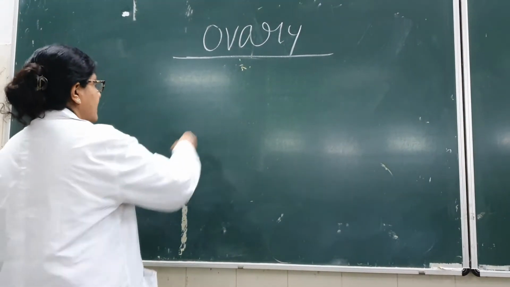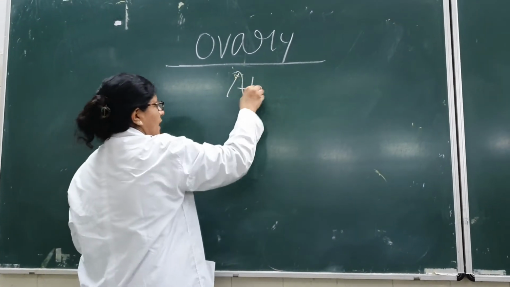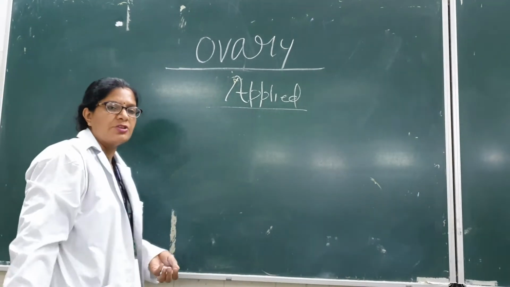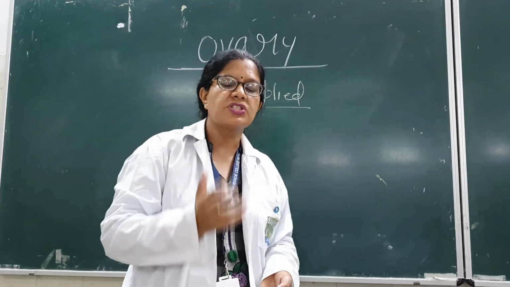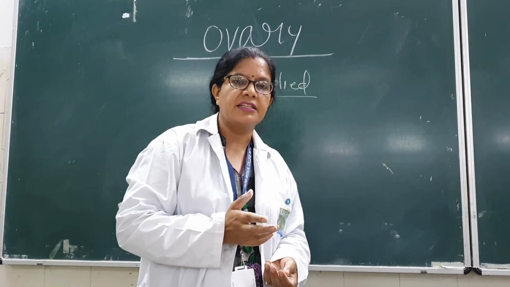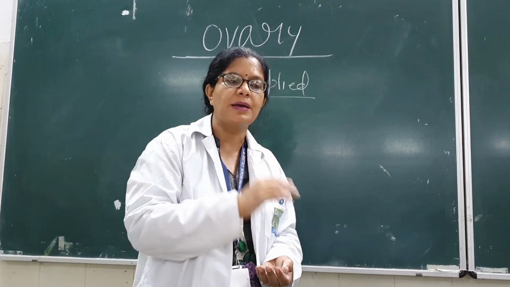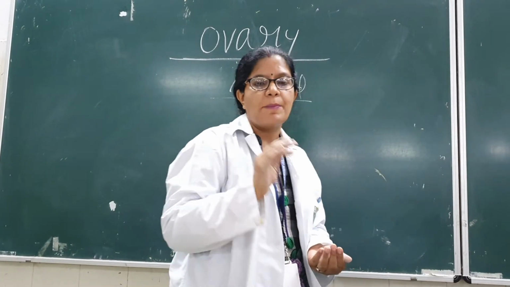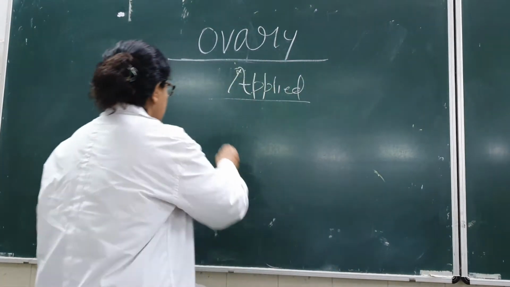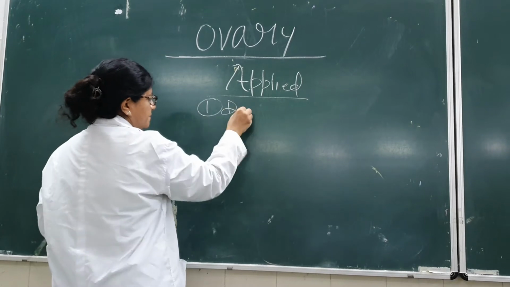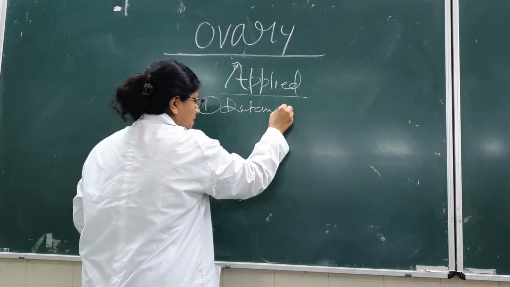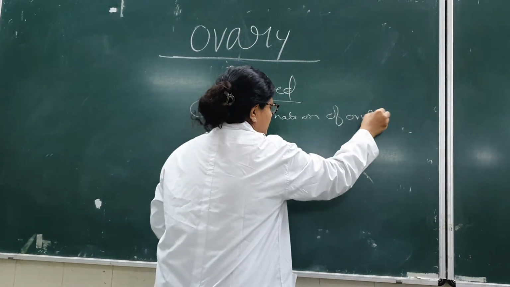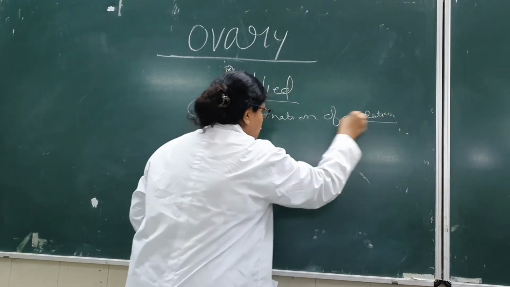So what is the applied anatomy part? One of the most important functions these days is in the case of sterility. If a female is not able to conceive naturally, then there is a method known as determination of ovulation. Now we have to control the ovulation.